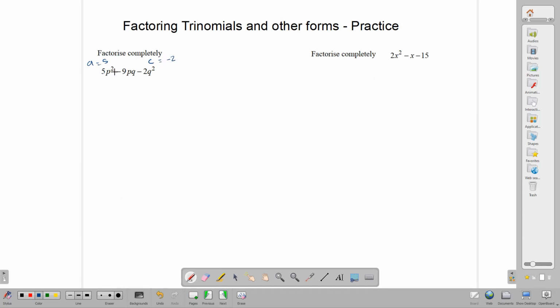So again, because we have negatives in the question, one of the numbers in our pair has to be negative. So let's start by saying 5 times 2 gives us 10, ignoring the negative for now. What other numbers give us 10? The only other combination of numbers that gives us 10 when we multiply is 10 times 1.